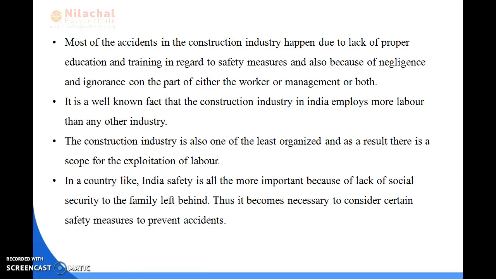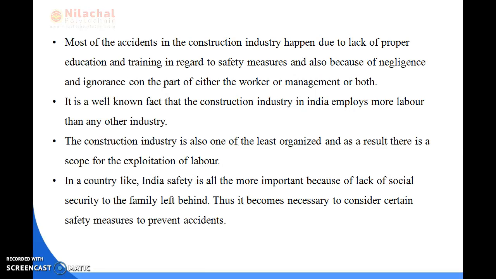Most of the accidents in the construction industry happen due to lack of proper education and training in regard to safety measures, and also because of negligence and ignorance on the part of the workers, management, or both. It is a well-known fact that the construction industry in India employs more labor than any other industry.